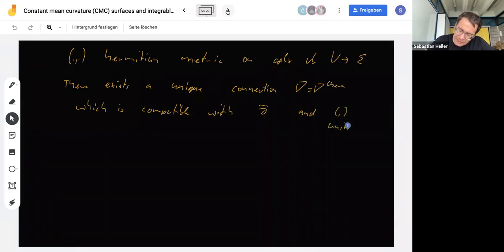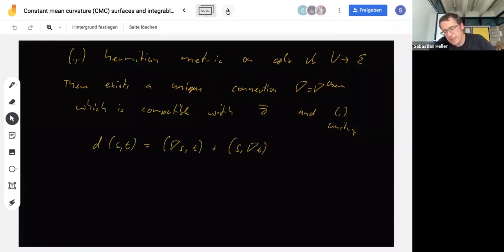The last property just means that if we take the derivative of the Hermitian metric applied to two sections, we get that this is the same as nabla S, T plus S, nabla T.